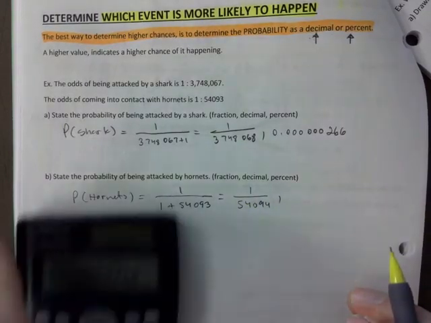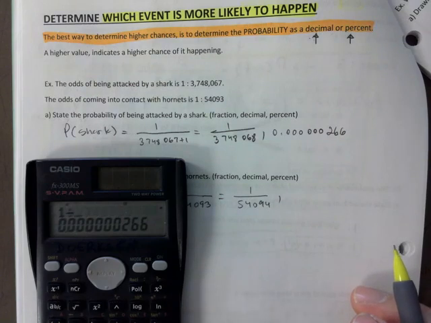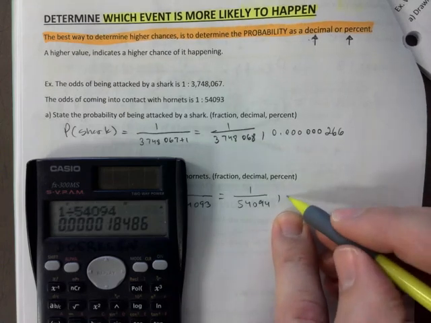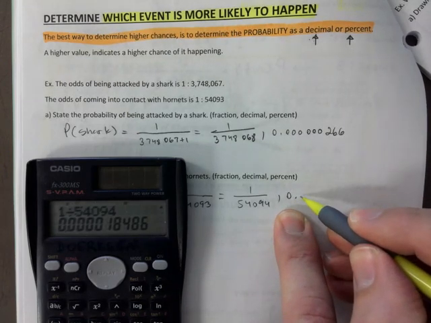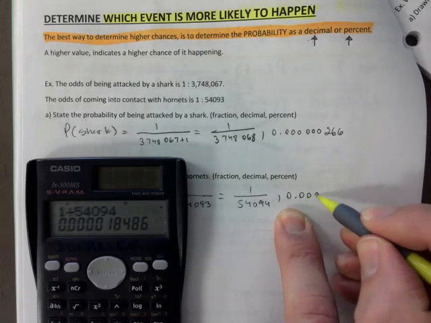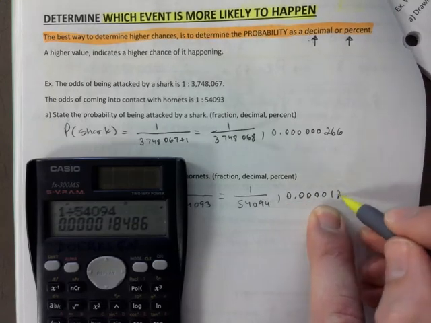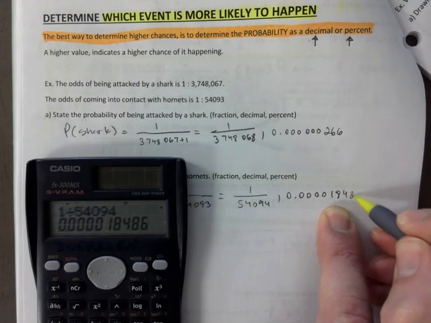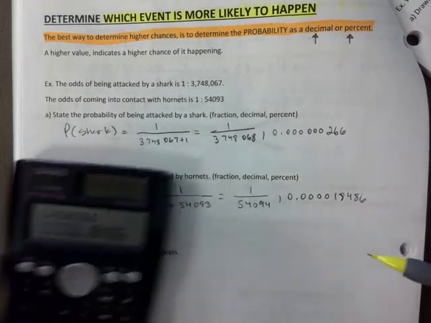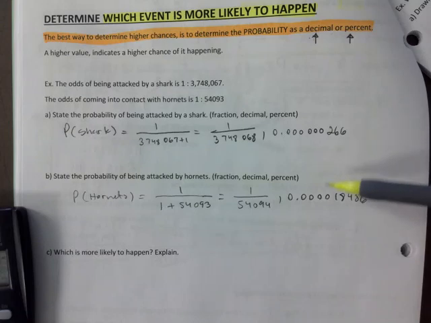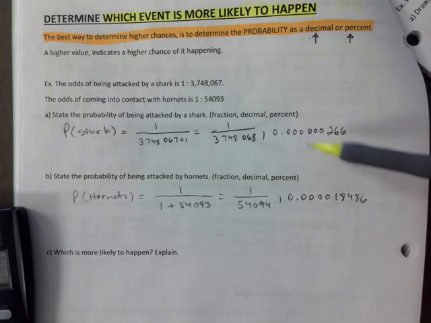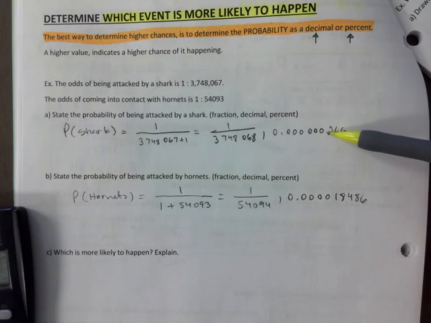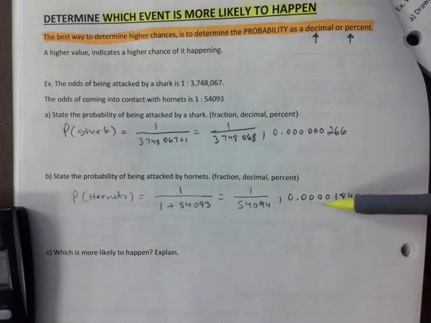Let's turn that into a decimal. Look at that. There's four zeros. 1, 2, 3, 4, 1, 8, 4, 8, 6. Which one is bigger? This one, right? This one has 6 zeros, so that's obviously smaller than this. This one is larger. Okay, more likely to happen.